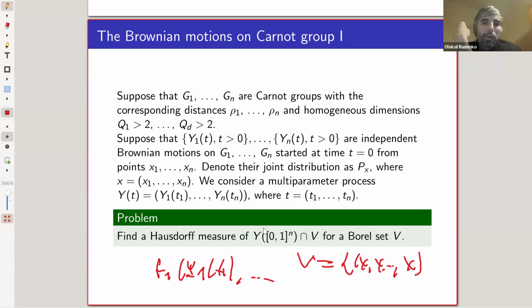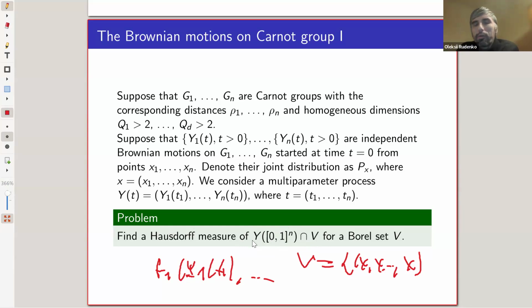And just a couple of words about the results, what is known about Hausdorff measures of such sets. Well, I did not prepare a detailed explanation of known results, but from what I read, I think that this exact question just wasn't considered for this type of hypoelliptic diffusions.